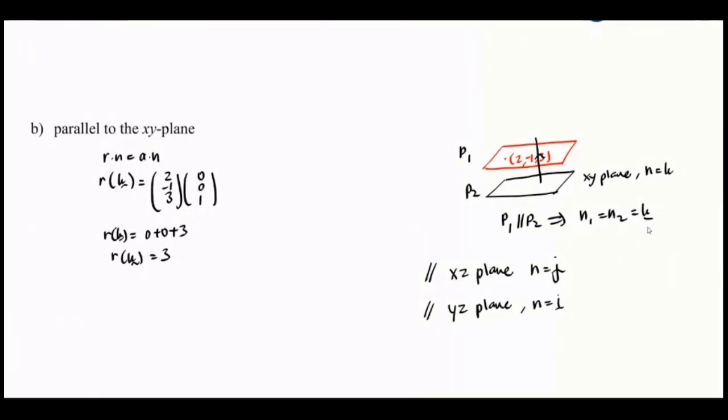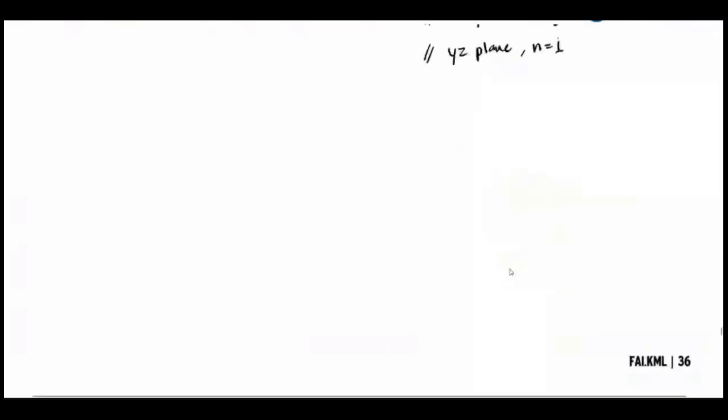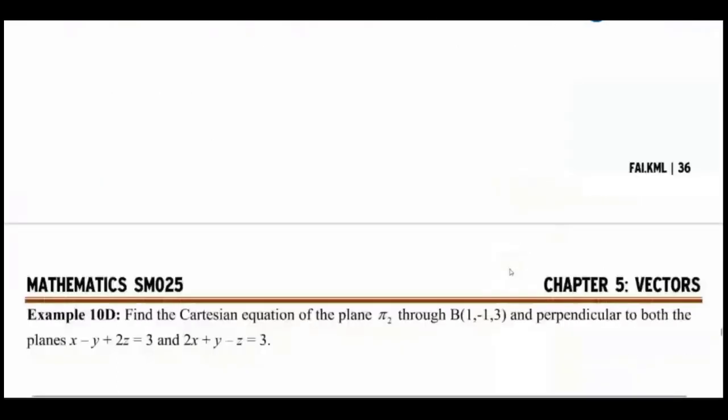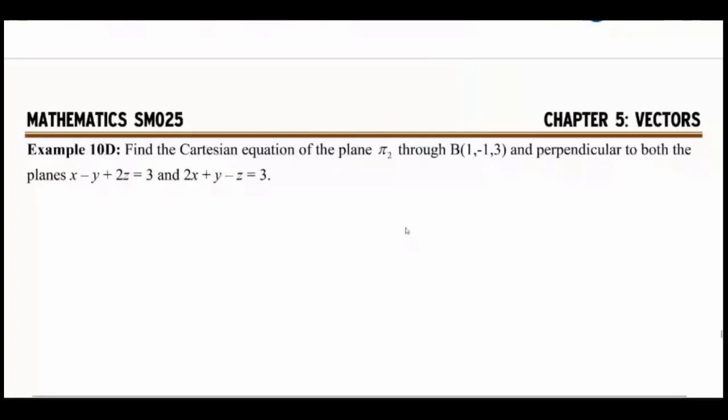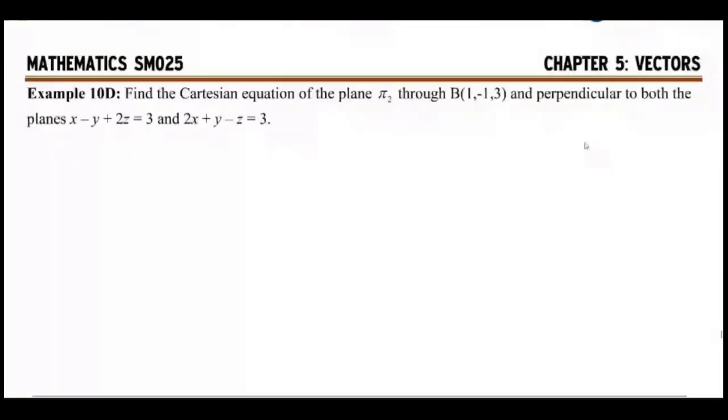Okay, Miss. Alright, so last example, a short one. We have: find the Cartesian equation of the plane through the point, with a plane here which is perpendicular to both planes. Basically we have two planes shaped like this, and then another one here.